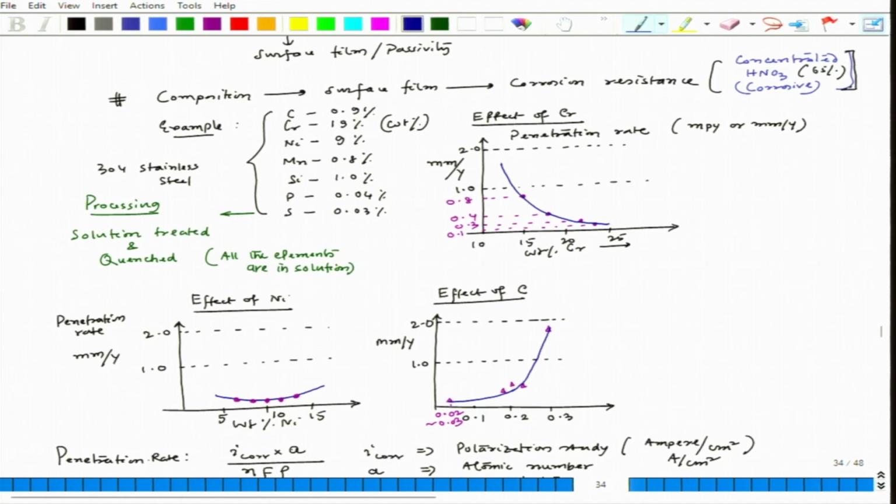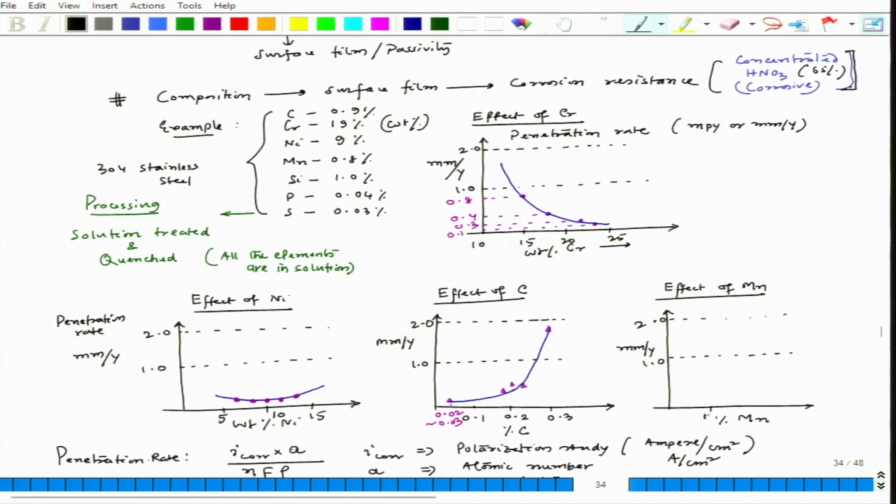Fine. So, then we can also check the effect of manganese. Looking at this manganese effect, again in millimeter per year, 1.0, 2.0, and this is percentage of manganese.